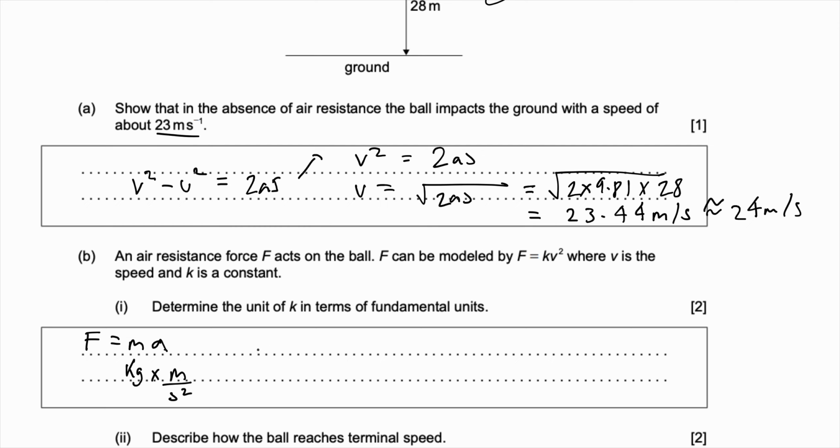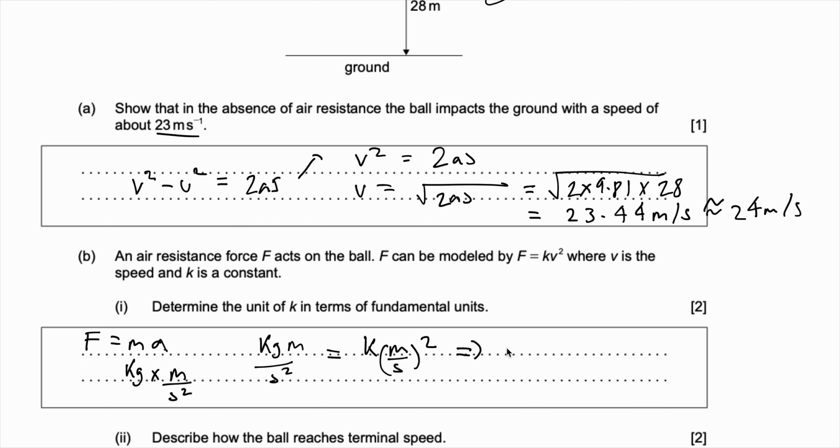So we know that kg m per second squared must be equal to the units of kv squared, which we can say is k times the velocity, which is of course meters per second, so meters per second, whole squared. If we equate this, we can solve for k and find the unit for k. Let's expand this.